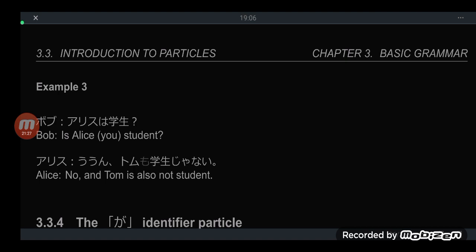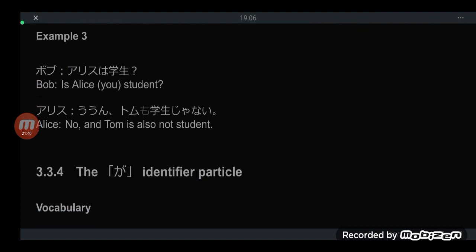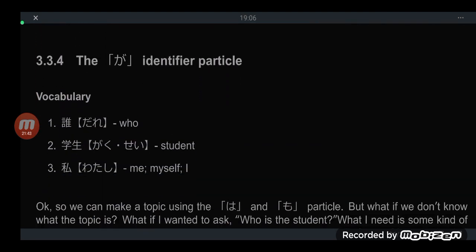If I translate that in English, Tom is also not a student, so please include also Tom in the list of your not students. So this is the tricky part among the three particles we are discussing for today.